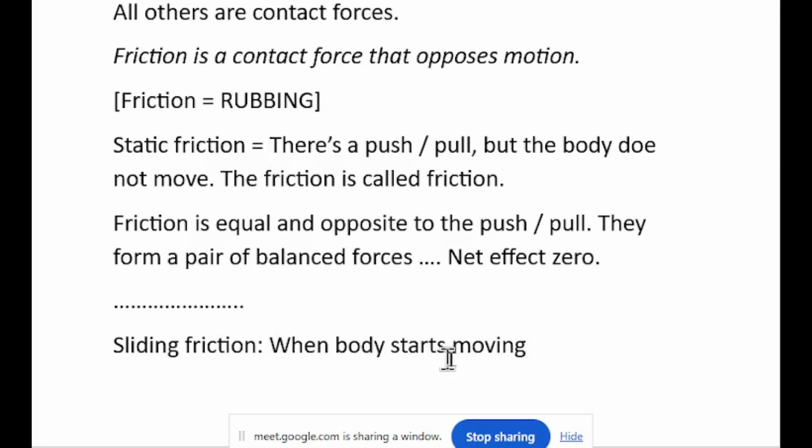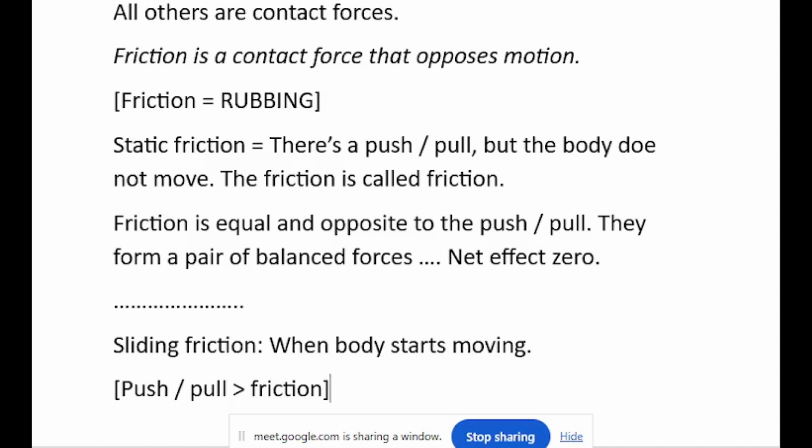Sliding friction: the body is moving. When the body is moving, আবার ঘষা খাচ্ছে, ঘষা হচ্ছে and the body moves. So in this case, your push or pull, কখন move করবে? If push or pull is greater than friction. এটা ওই I told you last class. If push or pull is greater than friction, the body will move.